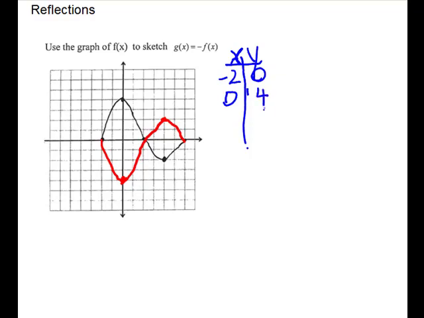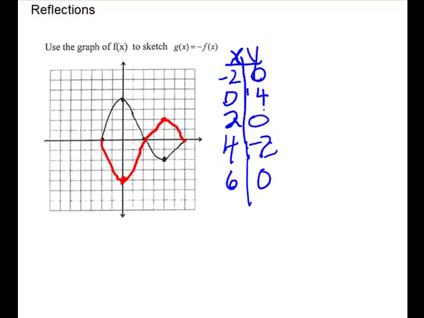We had (2, 0). We had (4, negative 2). And we had (6, 0). And so having a negative outside, this is like a negative 1.